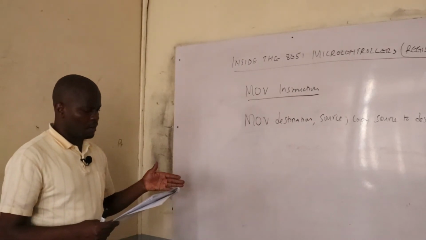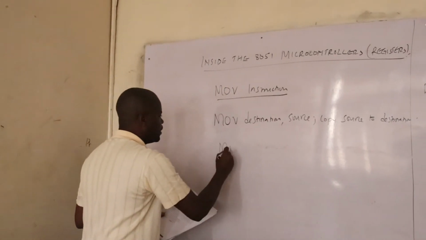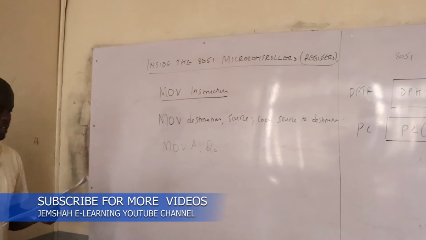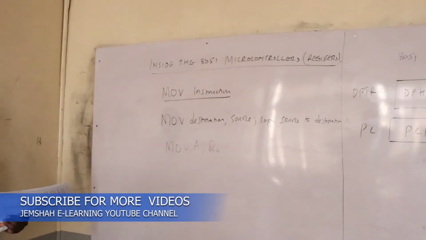For example, if we have an instruction like MOV A, R0, this instruction simply means that you are copying the contents of register R0.